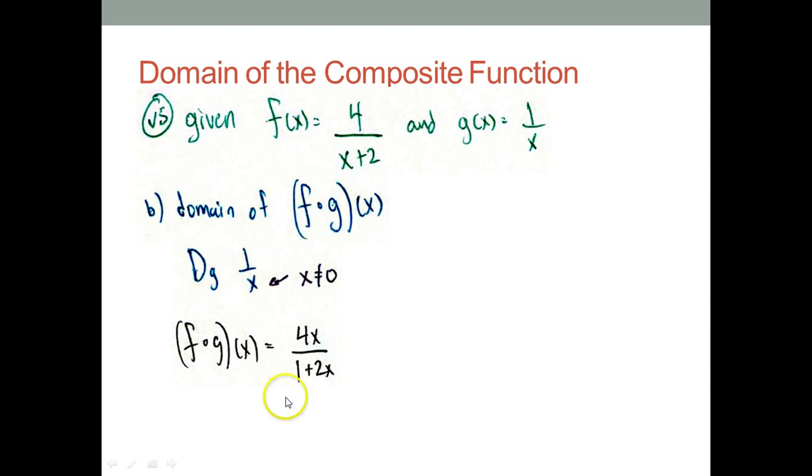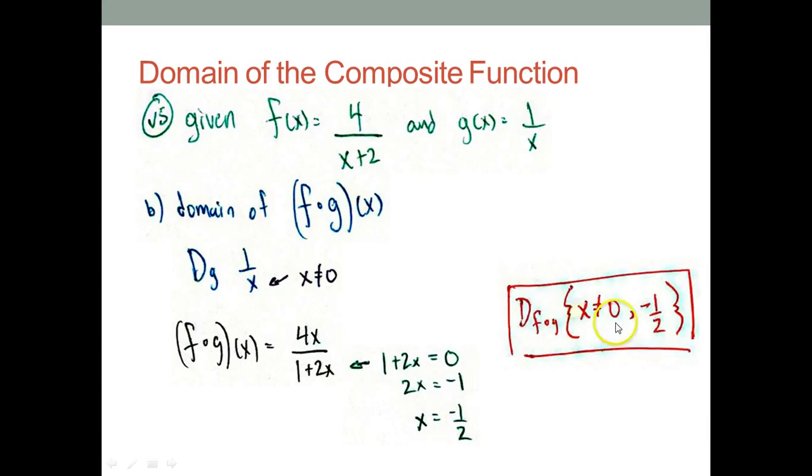So now I'm going to take a look at the whole composite function. Again, I'm going to make sure that where the denominator is, this 1 plus 2x, I want to find out where that equals 0. So I solve for x, and I see that x is equal to negative 1/2 if the denominator equals 0. So it cannot equal these values. It can equal anything else but 0 and negative 1/2.